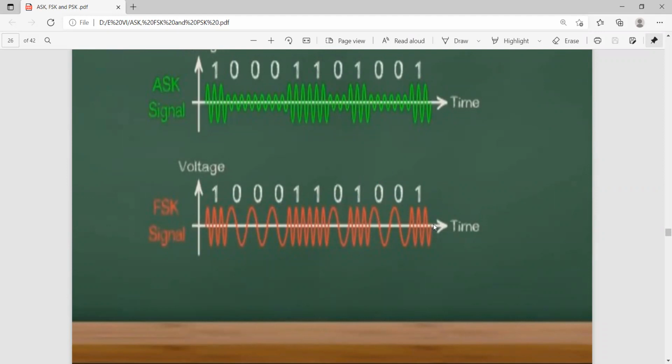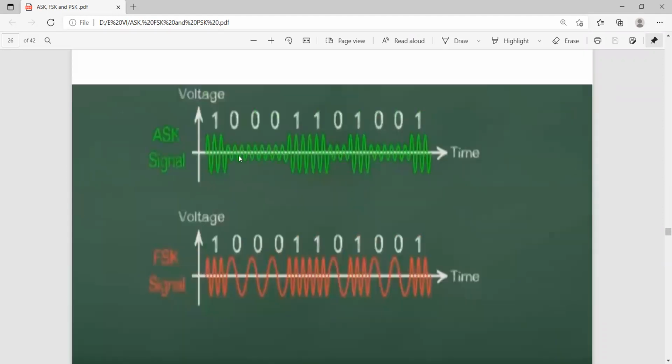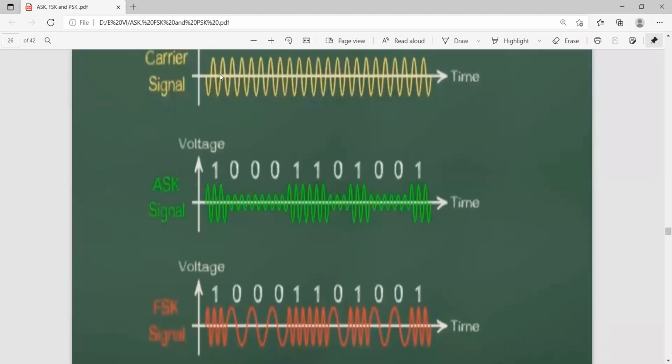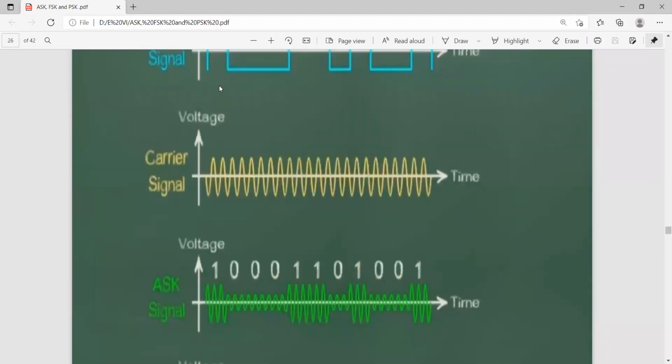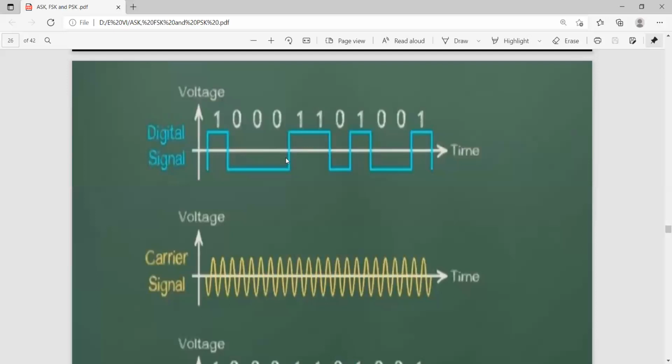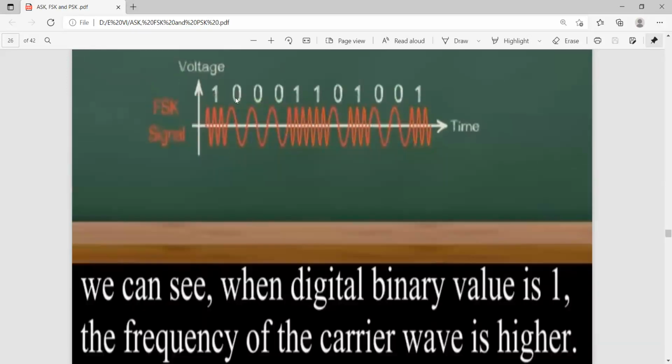The signal appeared in this format because here it is 1, the digital input is high. So this is your digital input. If the input is high, that is 1, the frequency is higher. Here also the frequency levels are very high, here also high. In the other regions, that is the 0 regions, the frequency is much lower.